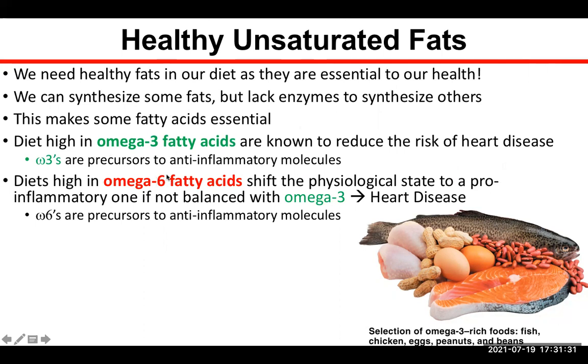It acts as a precursor to anti-inflammatory molecules. So if you're consuming more omega-3s, then you're going to shift your physiological state more to an anti-inflammatory one. Whereas diets that are high in omega-6 fatty acids tend to shift the physiological state to more of a pro-inflammatory one, because it is not balanced with omega-3s.